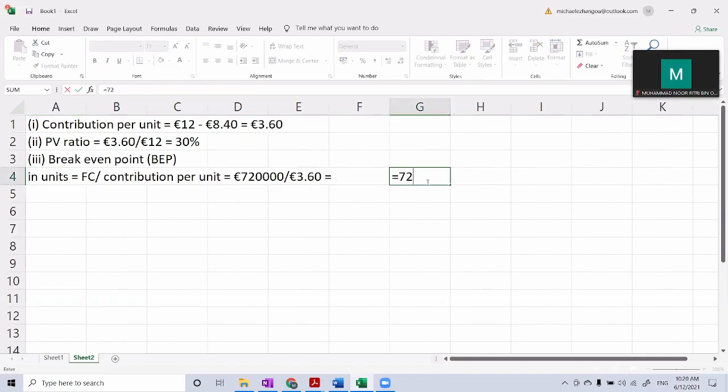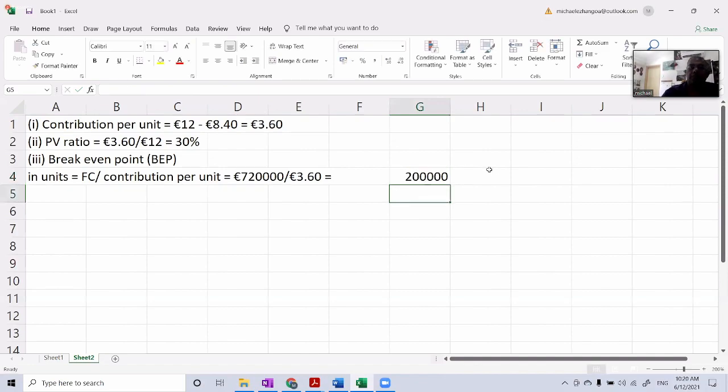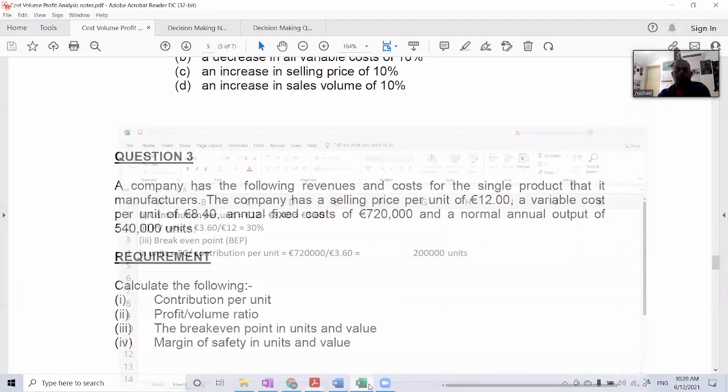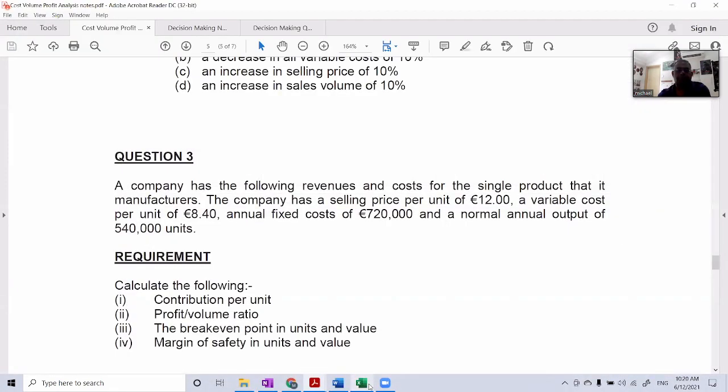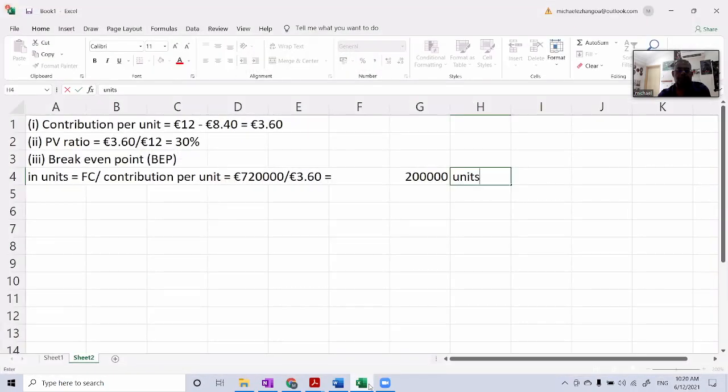So 720,000 divided by 360 gives 200,000 units. Yes, okay.